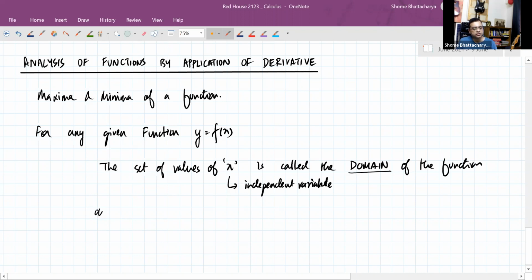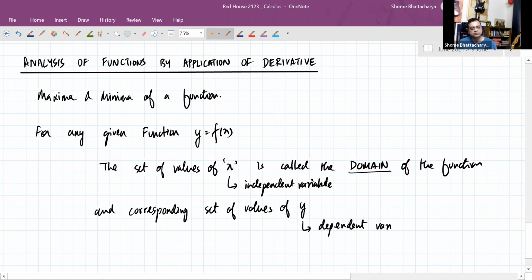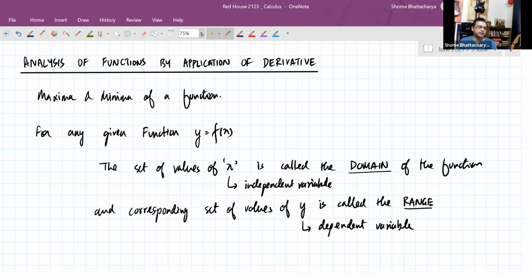And the corresponding set of values of y, that is called the range of the function. The dependent variable's values is called the range. Okay, so two new terms, domain and range.